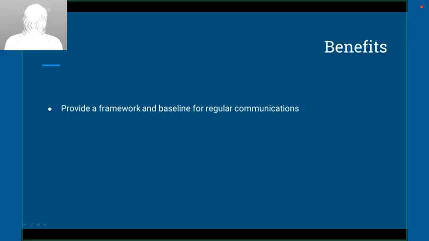Whatever it is, there's that baseline where no matter what, even if nothing's going on, we have this meeting and we're going to connect, even if it's just around the table to say there's nothing to talk about. There's almost always going to end up being something to talk about once you get around the table. And it provides that framework, and it really encourages partnership, and it fosters the really critical relationship so necessary.